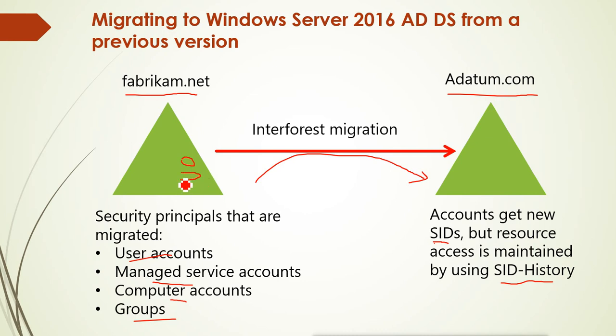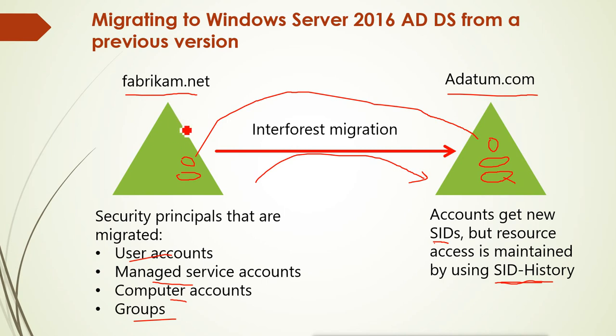Now when we move this user to the other domain, the user will get the new SID, but in the user's attributes there will be one more SID called SID history. Using this SID history, it can still access all the resources which it accessed when it was a member of this domain.